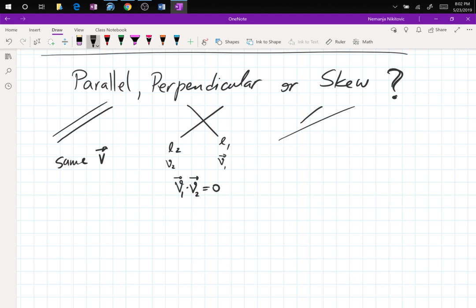So they ask you to consider two lines in space. Problem 34.